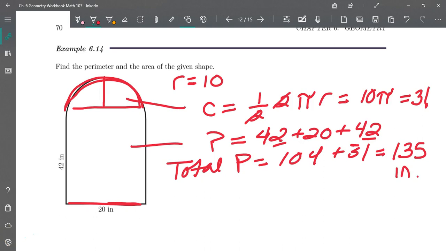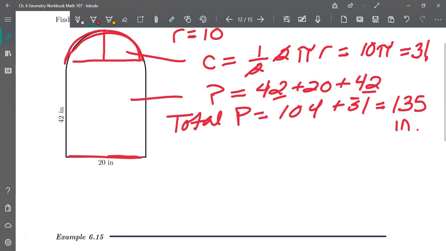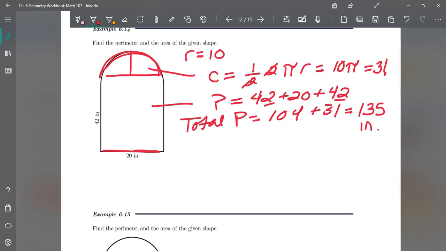Now we're going to take a look at the area. And we want to use the area of the circle, but again, it's only a half circle, so it's going to be half pi r squared.